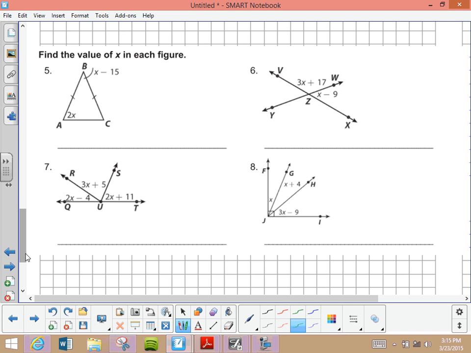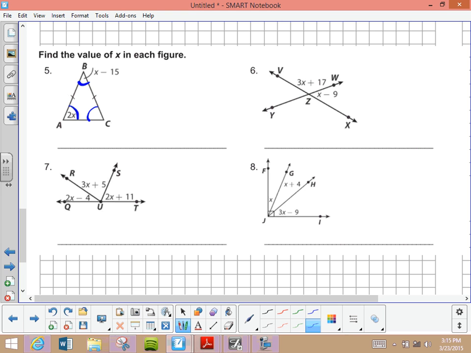For the next one, these are a little more complicated because it involves doing a few more things. But what is a good strategy to do those? Two sub equations, right? What do they have to equal? Again, because the angles of a triangle always equal 180. So I need this angle, this angle, and this angle. I have 2x.